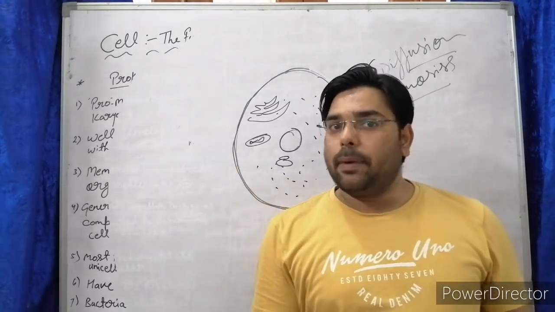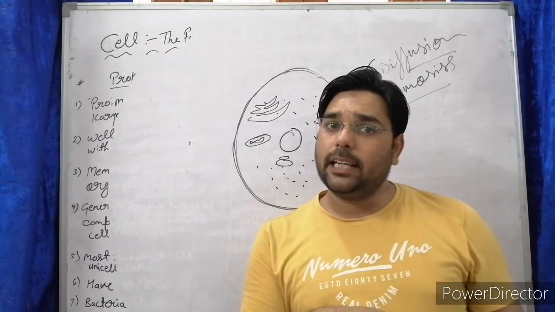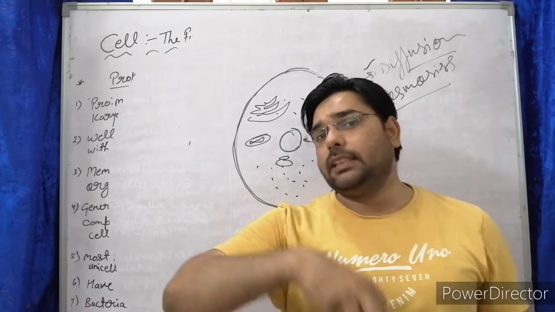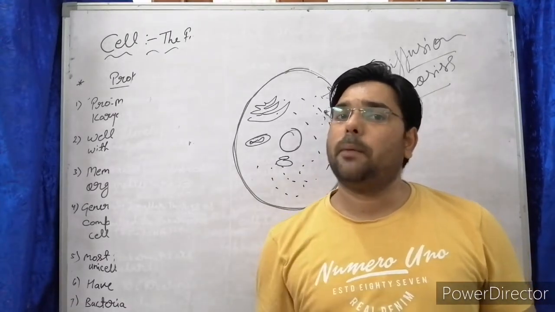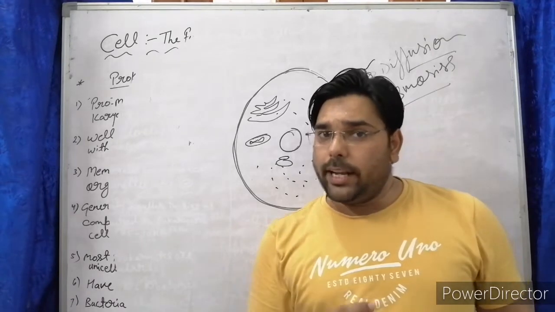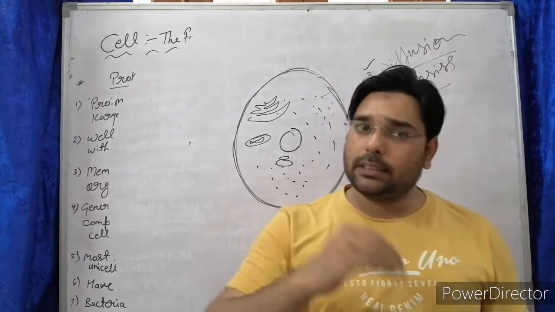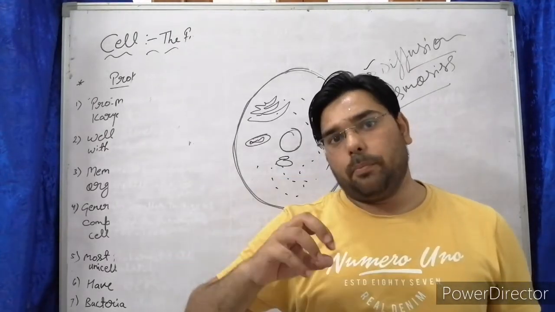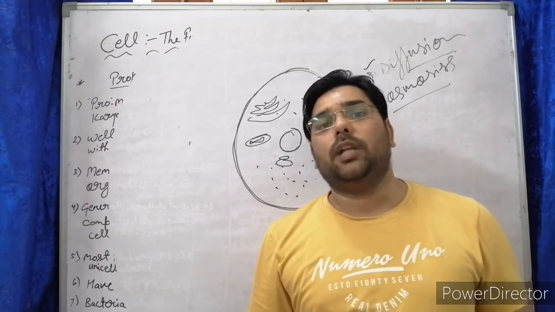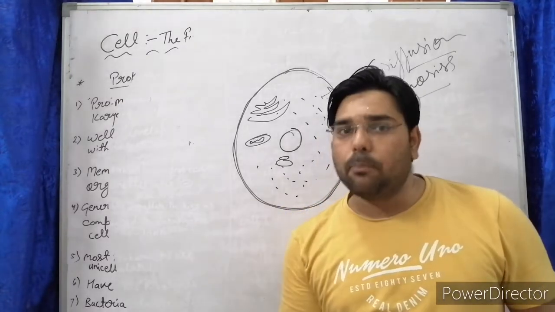From blood, carbon dioxide diffuses into the alveolar sac and oxygen of the air diffuses into the blood capillary and goes around the body through the blood. So in the alveolar sac, there is a gaseous exchange. Carbon dioxide comes into the alveolar sac and oxygen goes from the alveolar sac to the blood capillary. So this is the movement.